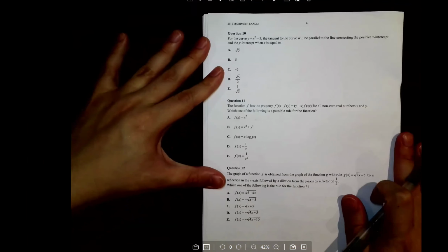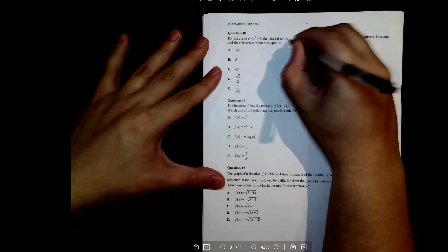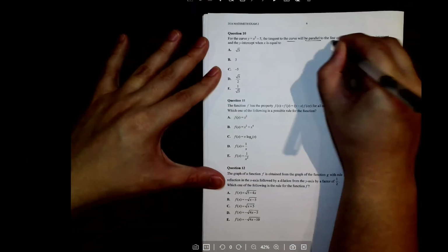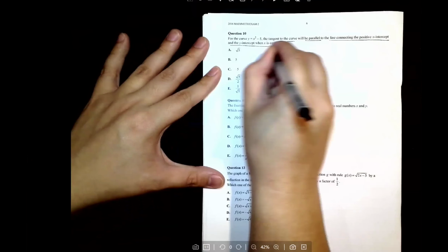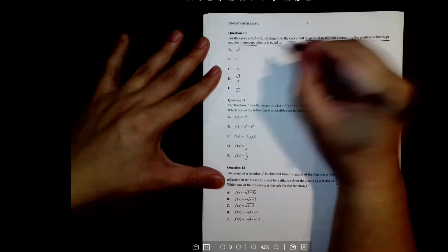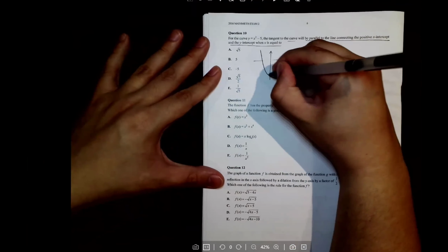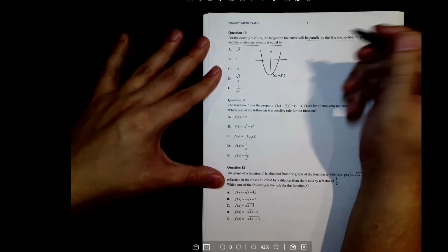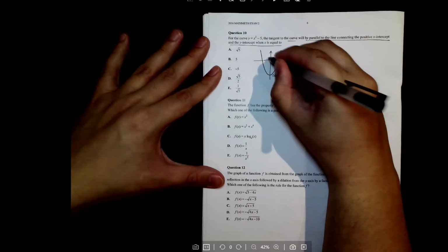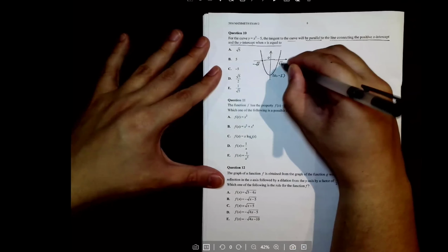Okay, question 10. For the curve y equals x squared minus 5, the tangent to the curve will be parallel to the line connecting the positive x-intercept and the y-intercept, where x equals something. If you draw a quick graph like this one, I know I have a turning point and y-intercept at (0, minus 5). And then this is minus root 5, this is root 5.